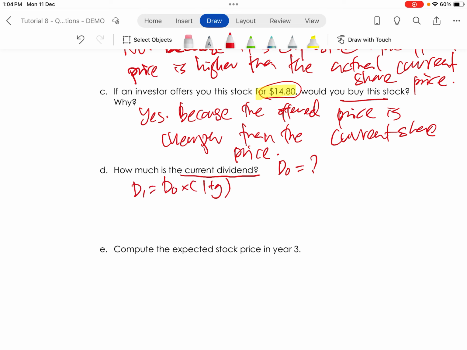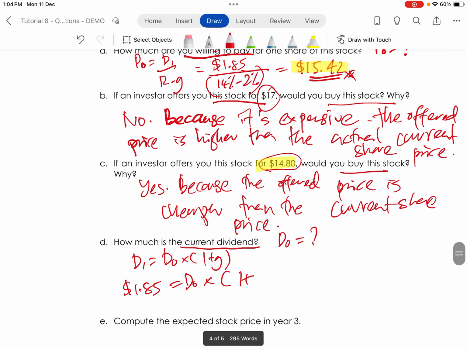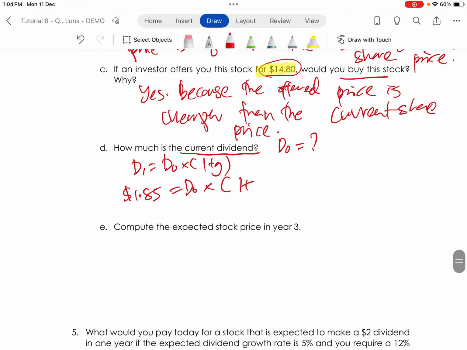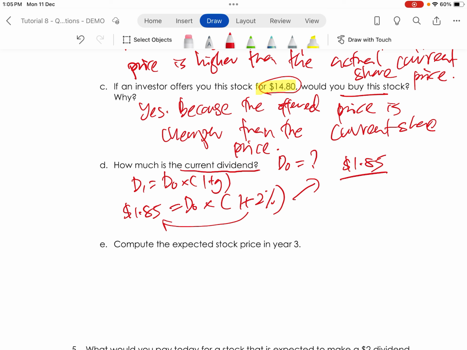I substitute the info first. D1 is 1.85, equal to D0 times (1 plus the growth rate of 2%). Then I rearrange: I bring this over, but I need to divide because it is already multiplied.